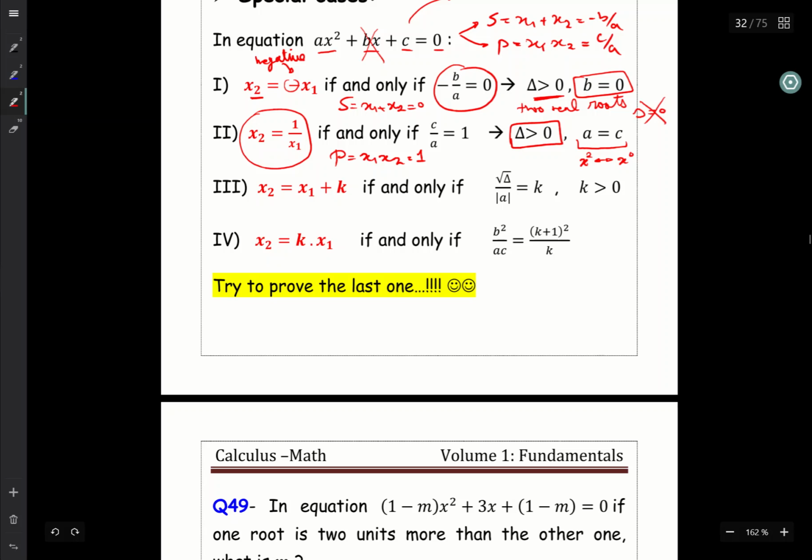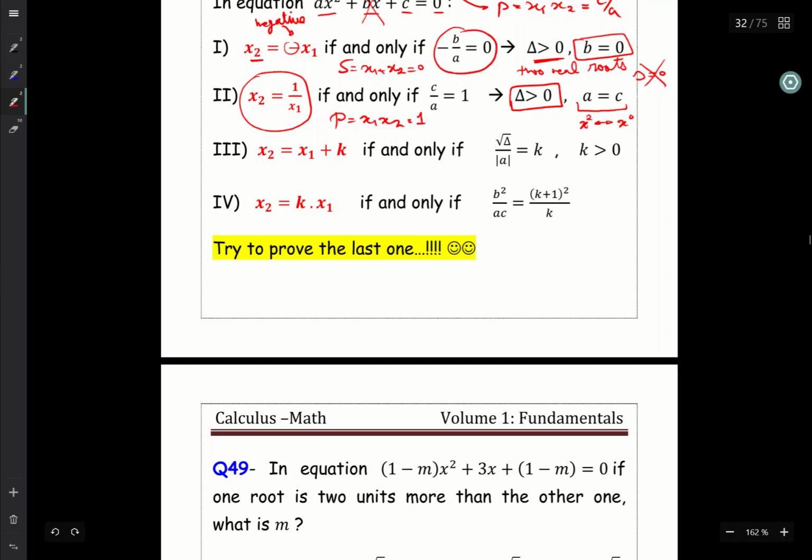We can see this. If the second root is the first root plus some constant number k, obviously this means that the absolute value of x2 minus x1 is some given constant k. This means square root of delta over the absolute value of a is k, and k is positive.